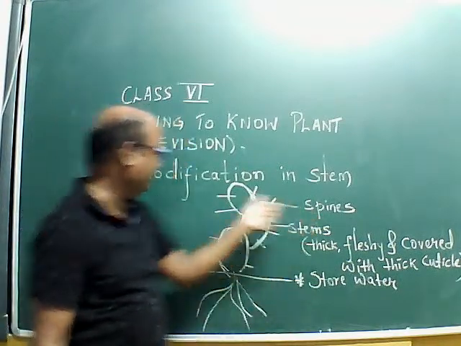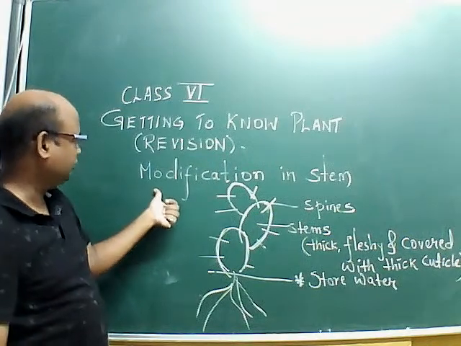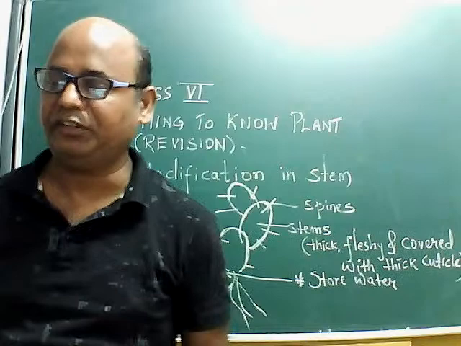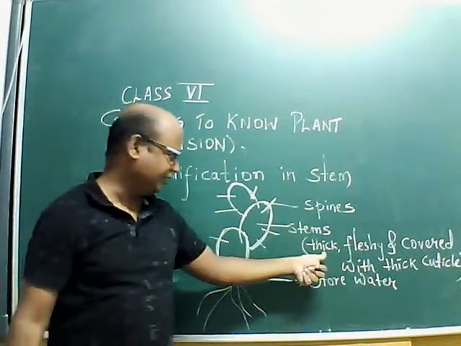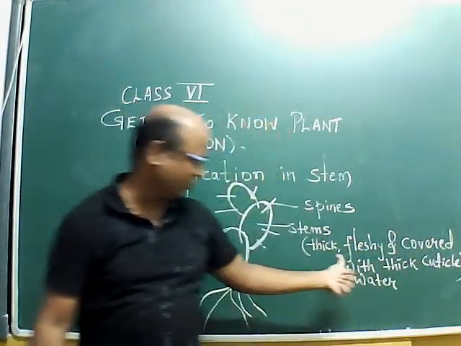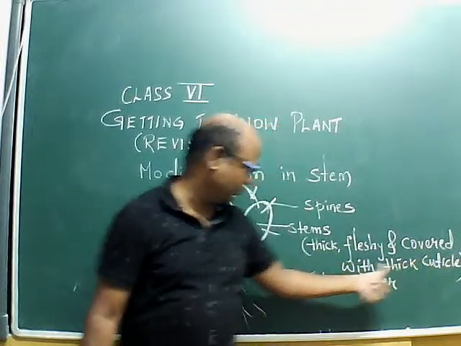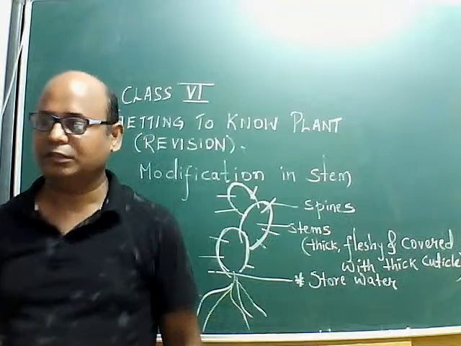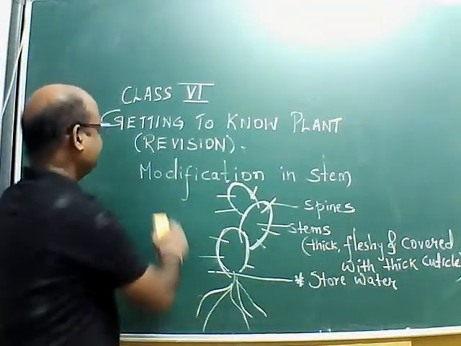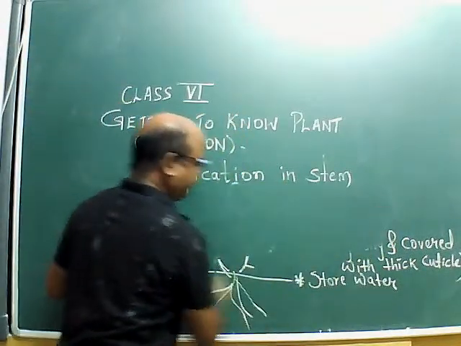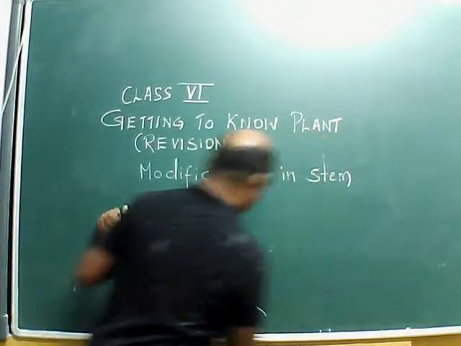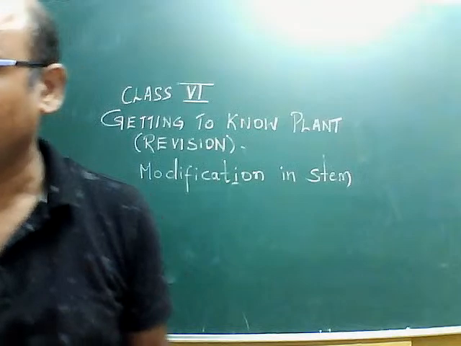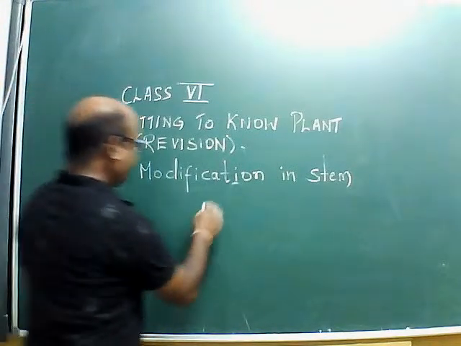So in cactus the stem is modified into phylloclade. It is also called phylloclade, that is a thick fleshy stem covered with thick cuticle. Okay. Then one more modification is there in stem: stem tendrils.